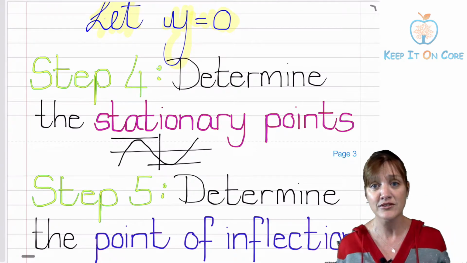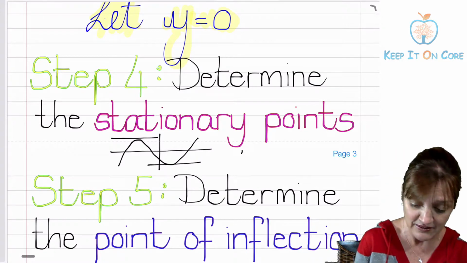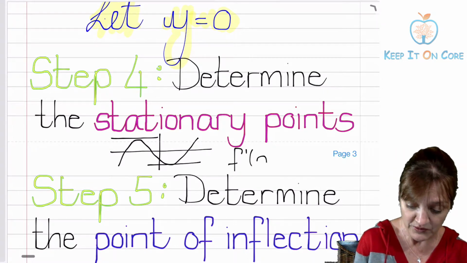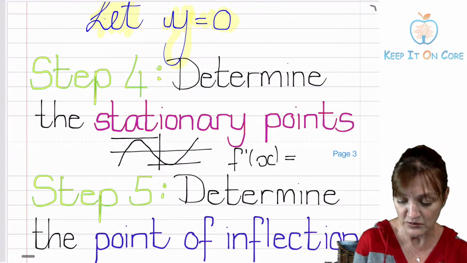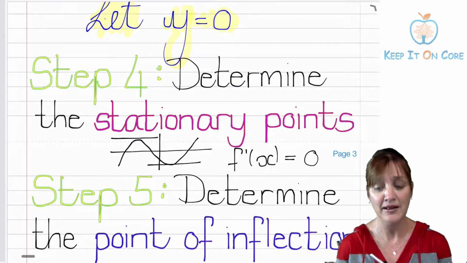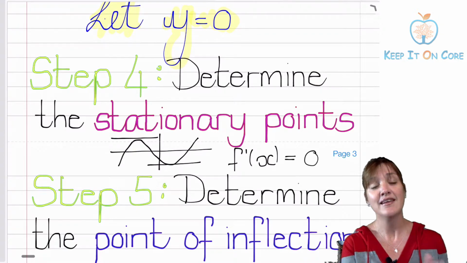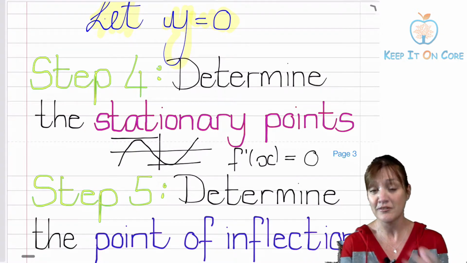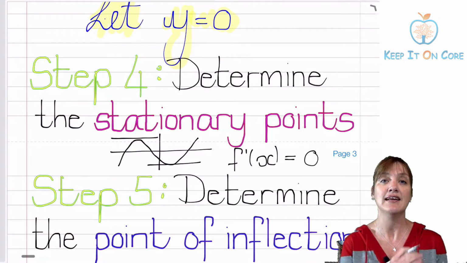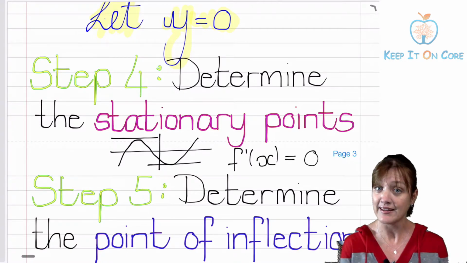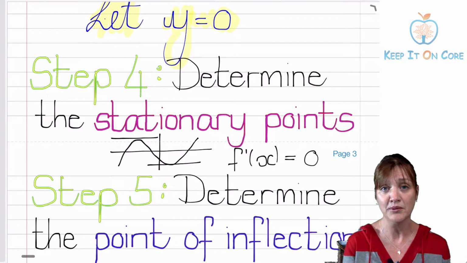And if the gradients of your tangents are flat, it means that the derivative is equal to 0. So to find the x-coordinates of your stationary points, you work with the derivative of your function and let it equal 0. That gives you the x coordinates of your stationary points.